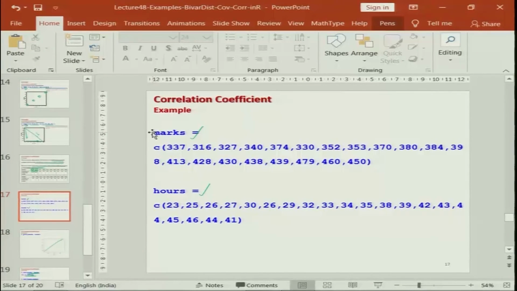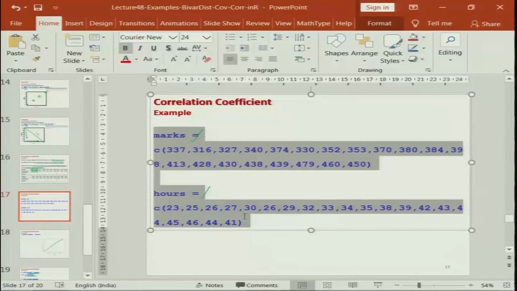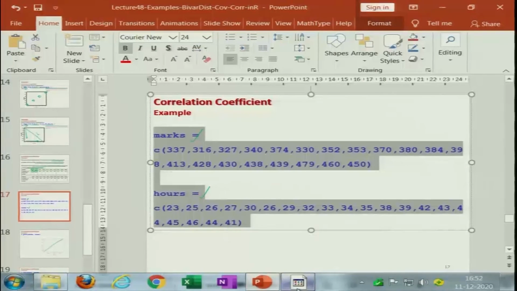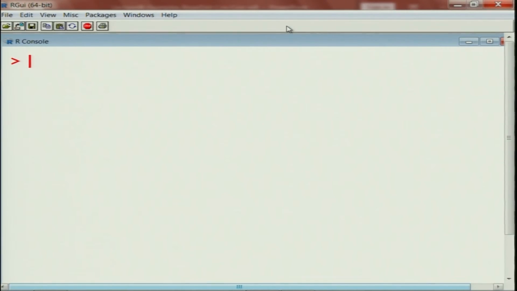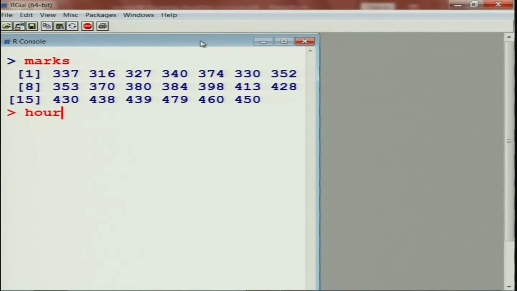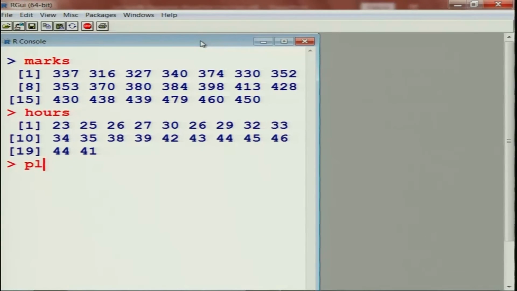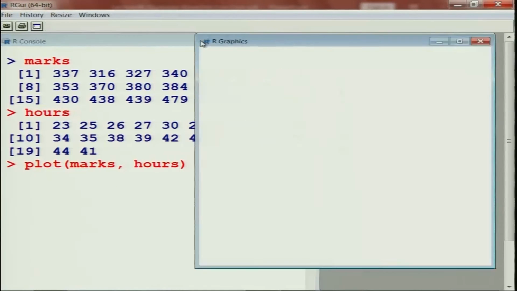Now, I take this example and enter these marks to save some time, and then we do the further analysis. You can see here these are the marks and hours, and if you create a plot between marks and hours, you can see it like this.